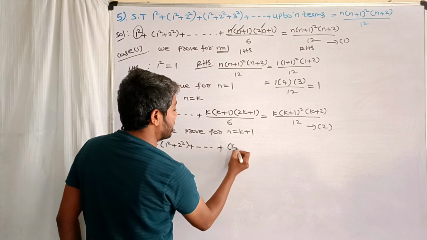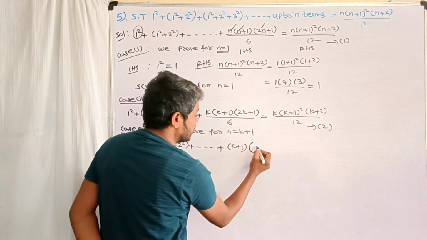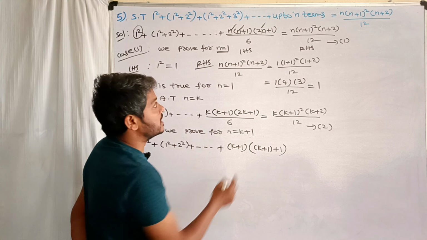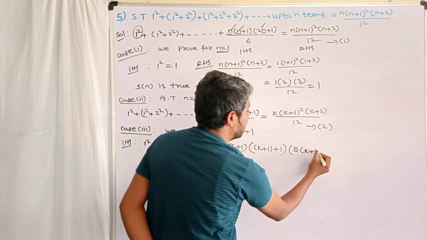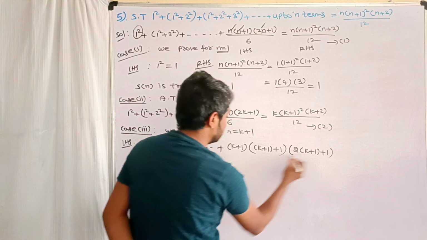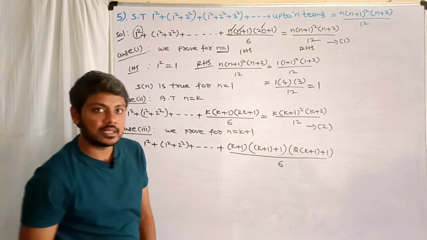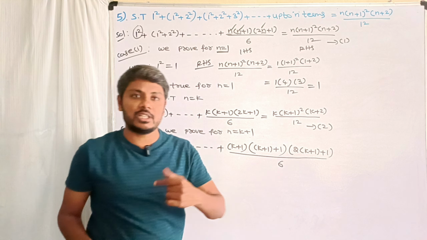That is (k plus 1). Next, n is k plus 1 plus 1. Next, 2n plus 1, that is 2 into (k plus 1) plus 1, divided by 6. Clearly, this is the sum of the k plus 1 terms.